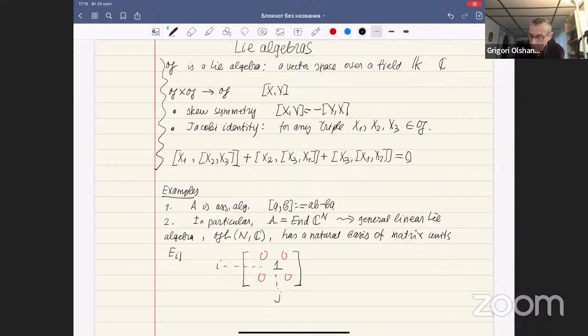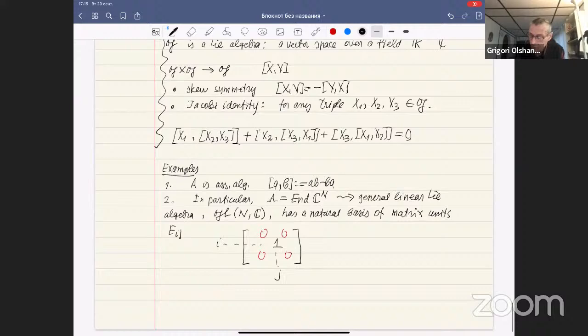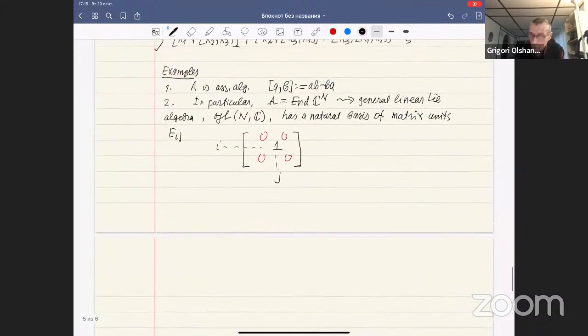And then we have the commutation relations, the brackets between two basis elements look as follows. Kronecker delta minus Kronecker delta. This follows from the multiplication rule for matrix units.